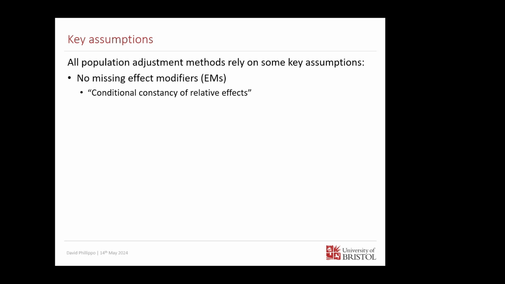However, it's less strong than a standard network meta-analysis or pairwise meta-analysis, which assumes that there aren't any effect modifiers in imbalance in the network at all, which is even stronger. So we are relaxing that assumption, but we are still assuming that we've not missed any effect modifiers. We'll actually see in a second how we can validate that with ML-NMR.